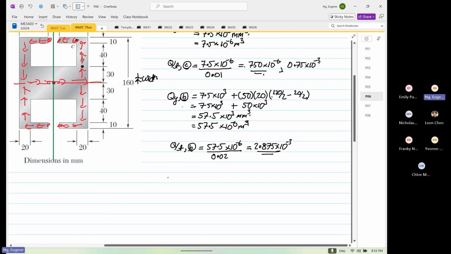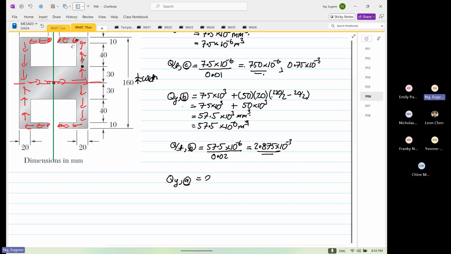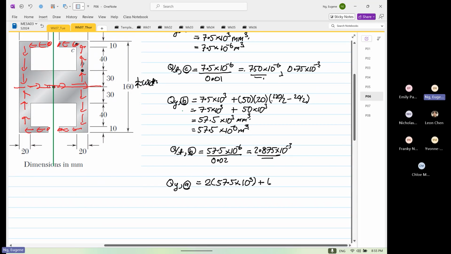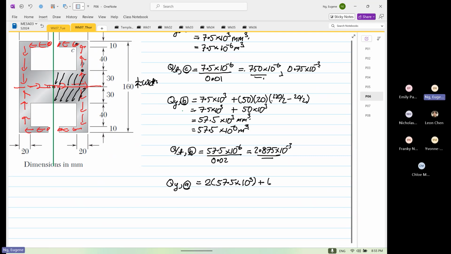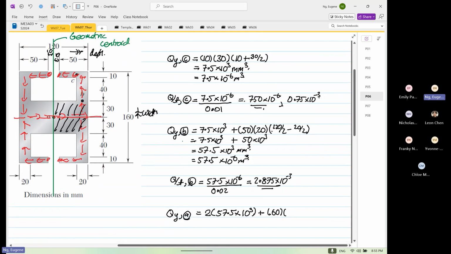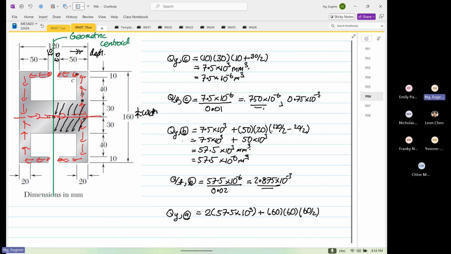So now we consider point A, right? It's twice the 57.5 because now it's a non-thin wall again, plus the width is 60. So now we consider this section that I'm shading now. The width is 60. The depth is also 60, half of 120. And the y bar is 60 divided by 2.